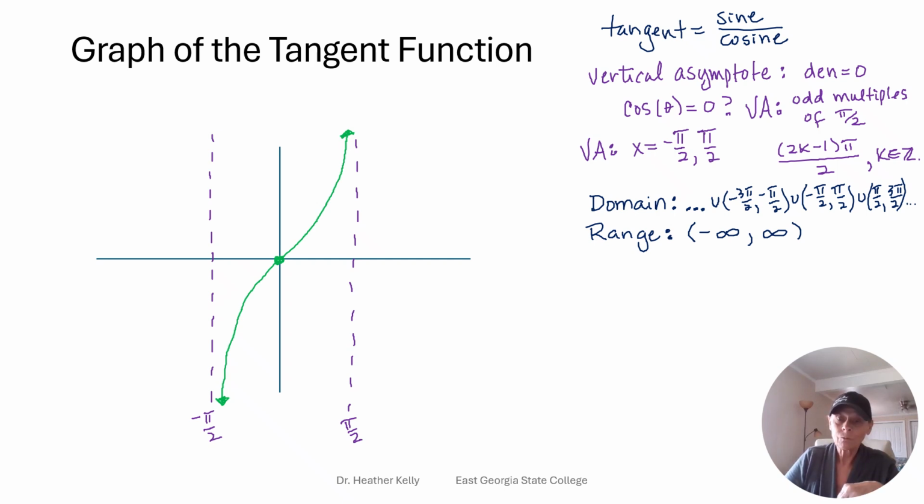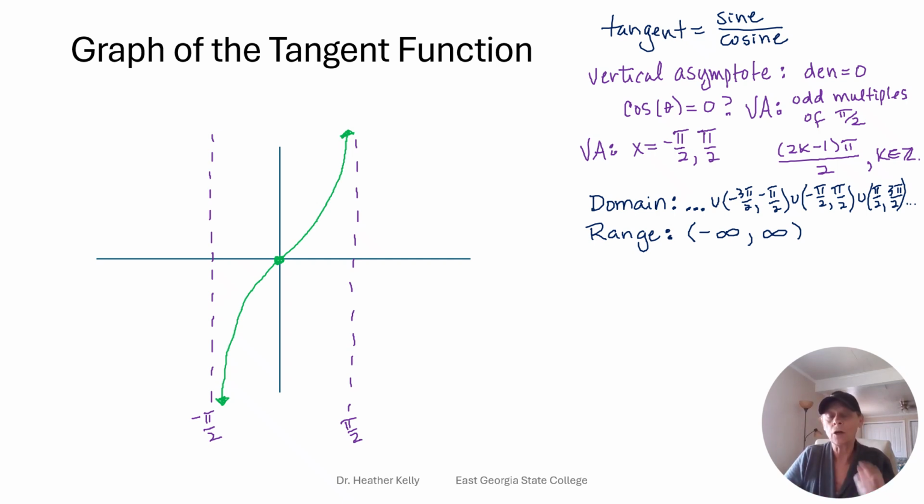Now, the period of a graph, or the period of a trig function, is how far you have to go to encapsulate every single possible value for that function, okay?